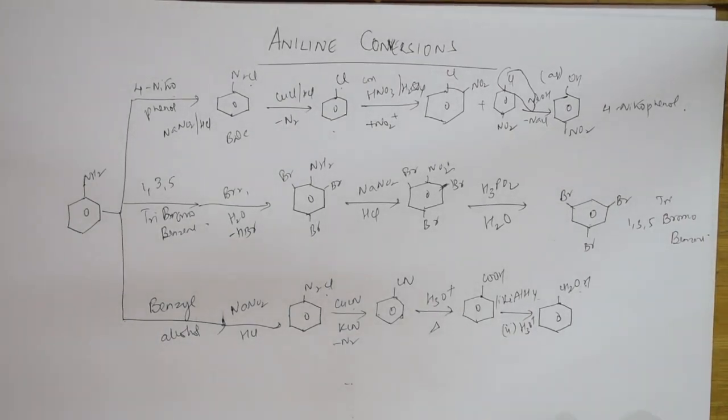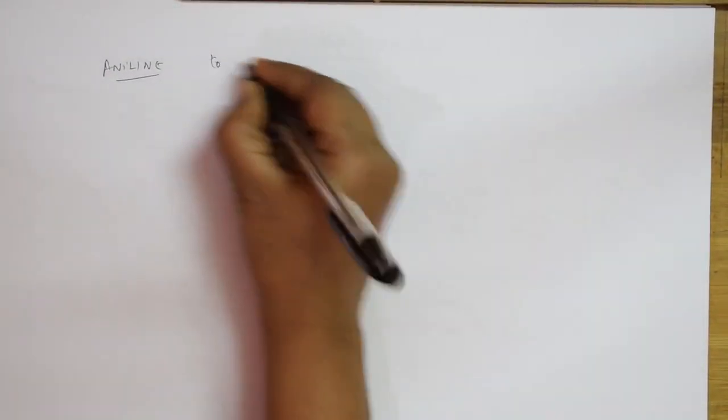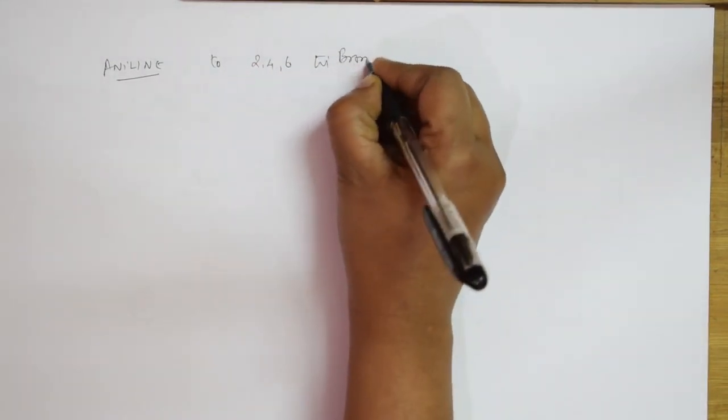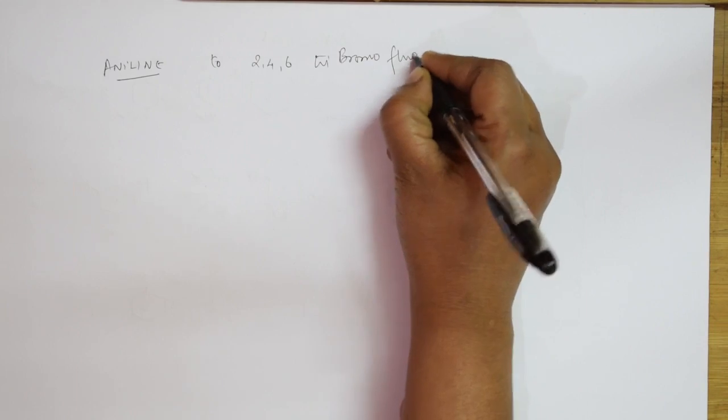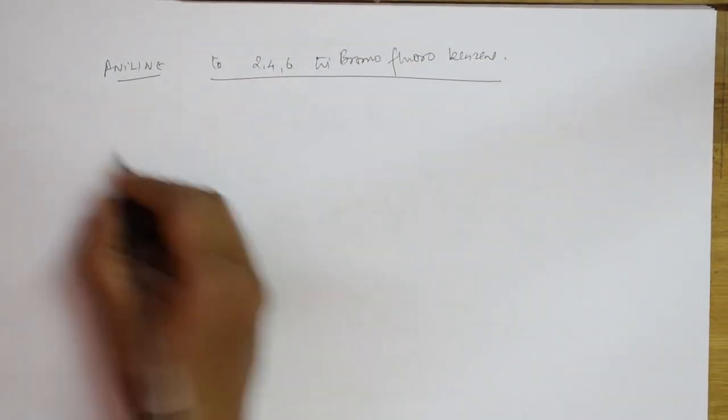Suppose they ask me to convert aniline to 2,4,6-tribromofluorobenzene. This is what they've given me. So what should I do? Let me write the formula.